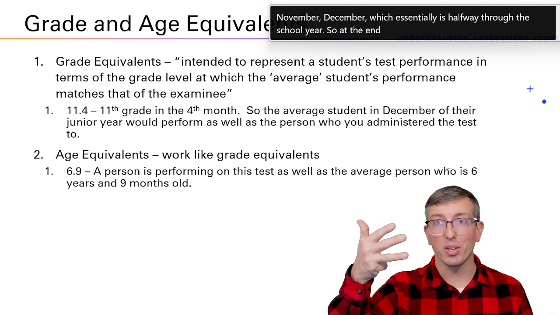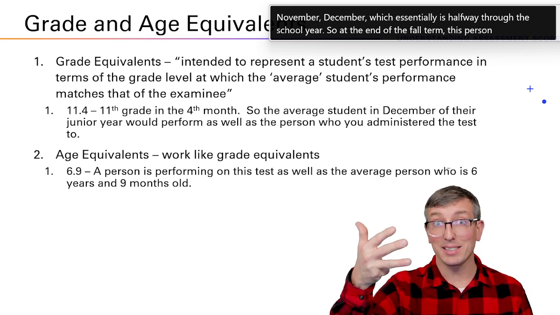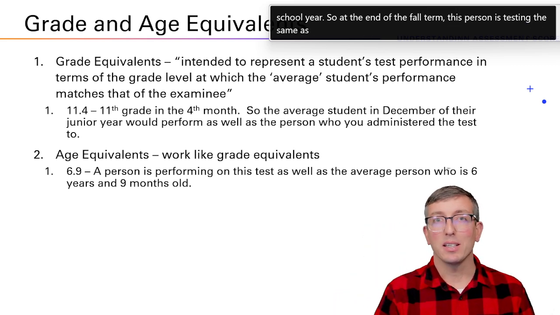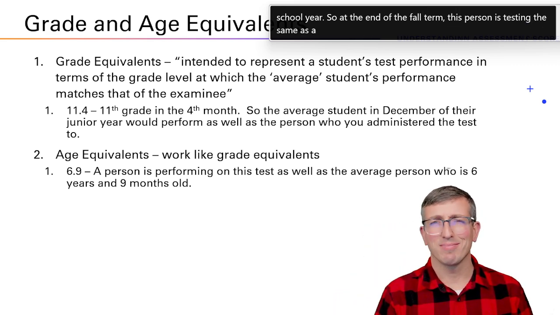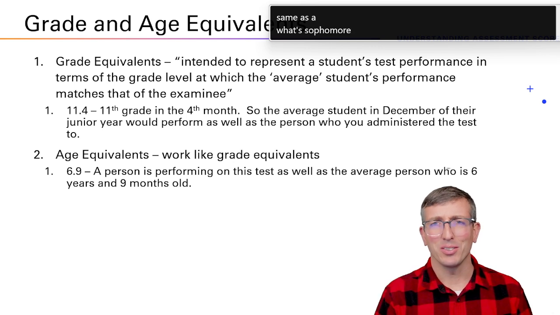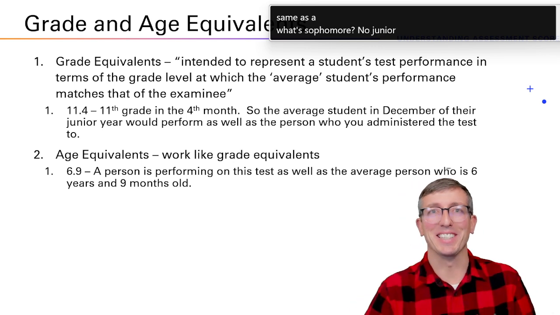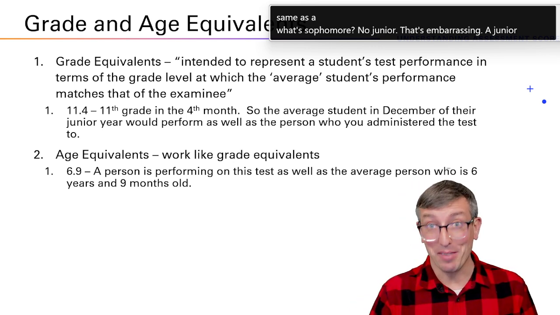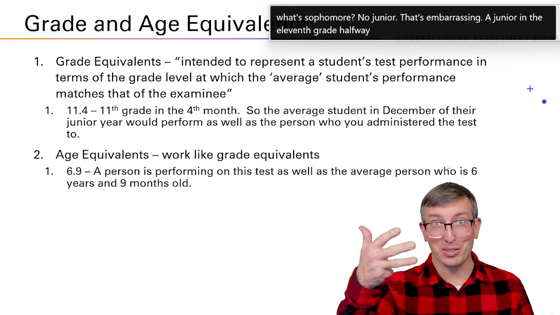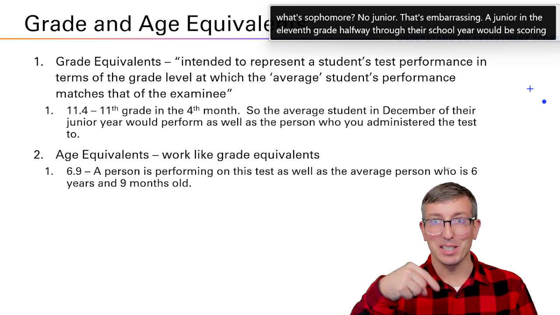So at the end of the fall term, this person is testing the same as a junior in the 11th grade, halfway through their school year. I first said sophomore, no, junior. That's embarrassing.